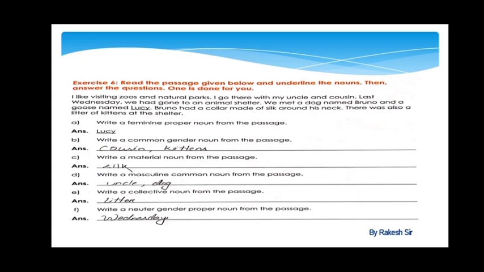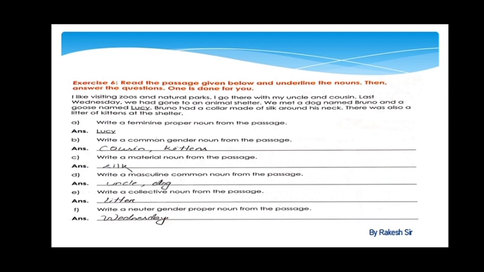Read the passage given below and underline the nouns. Then answer the questions. I like visiting zoos and natural parks. I went there with my uncle and cousin last Wednesday. We had gone to an animal shelter.